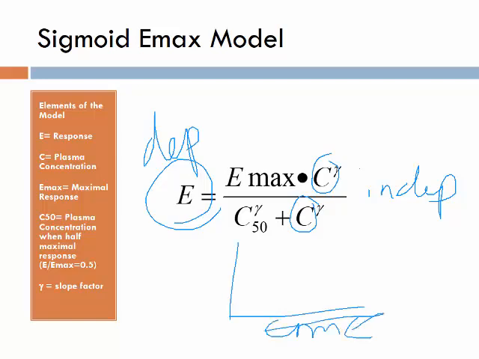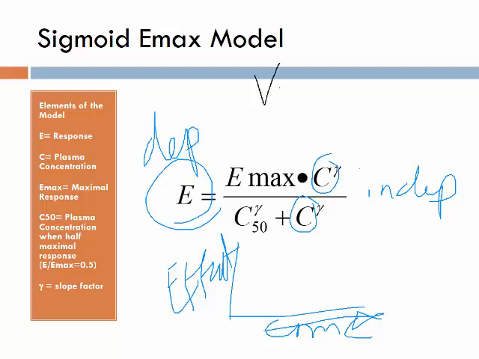As it increases, how is it going to determine the effect? Okay, so this is arranged in the proper form for our brains to understand that concentration determines effect and not the other way around. Now, this form should look extremely familiar to you.